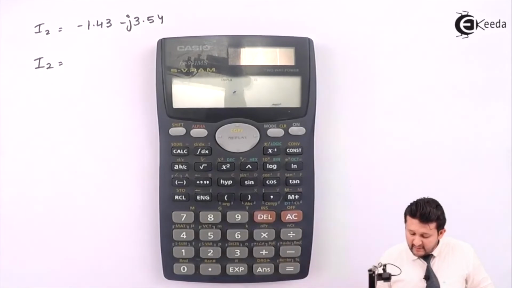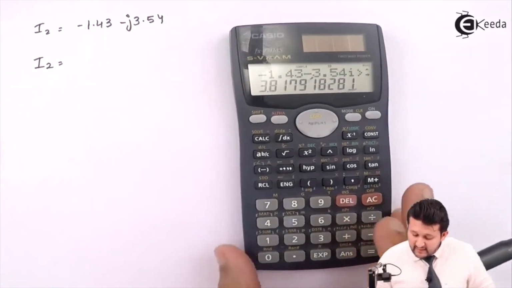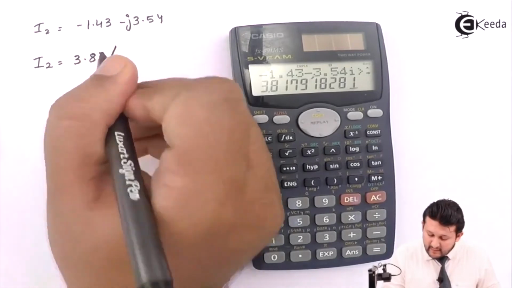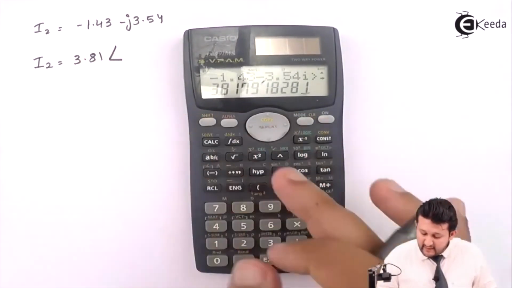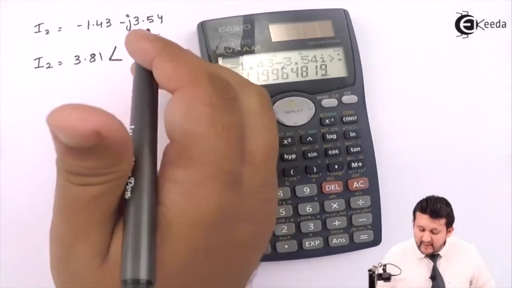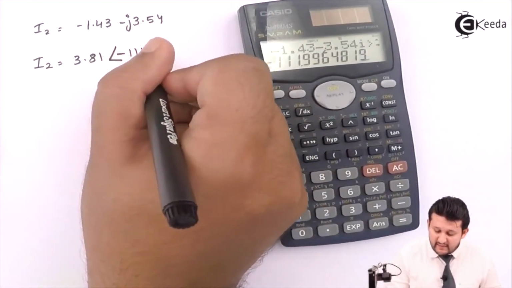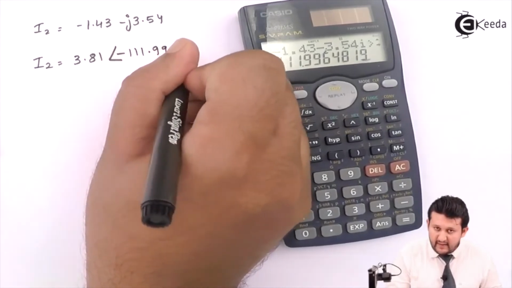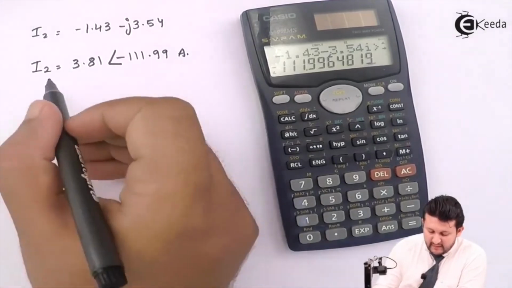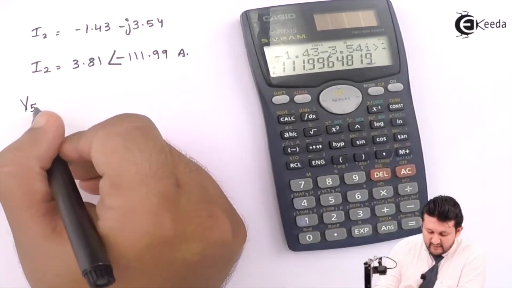So you'll get R and theta. The value for R is 3.81. For the angle, you have to press shift and equal to, the angle is minus 111.99. So it is minus 111.99 amperes.